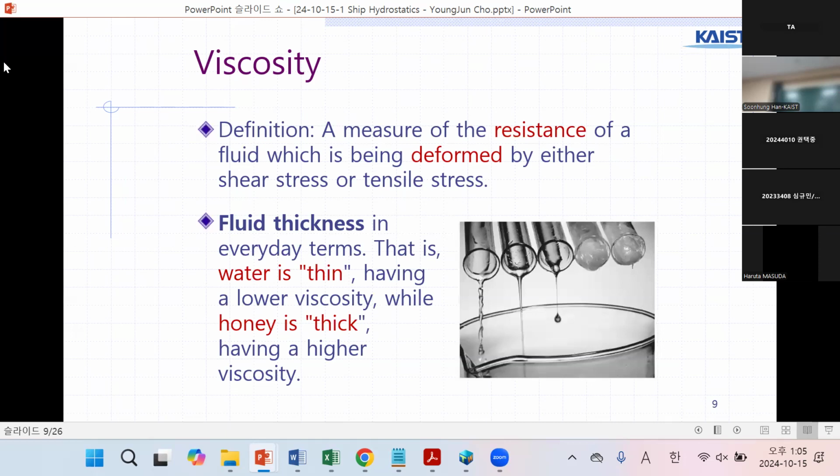Last is viscosity. Viscosity is a measurement of a fluid's resistance to flow. For example, moving through the air is easy, but moving through the water is difficult. So we call the fluid thin if it has low viscosity and thick if it has high viscosity.